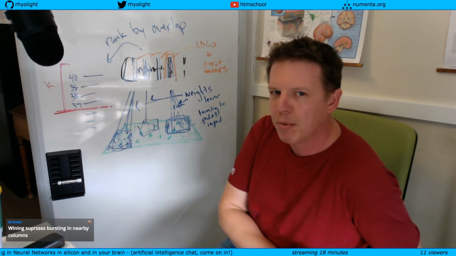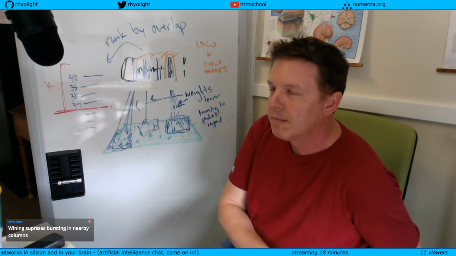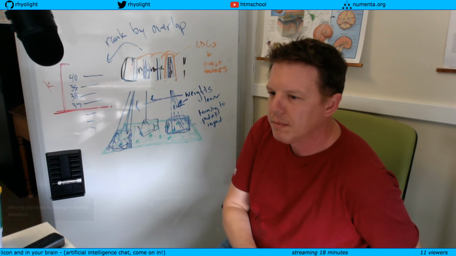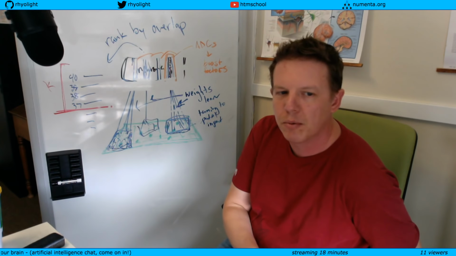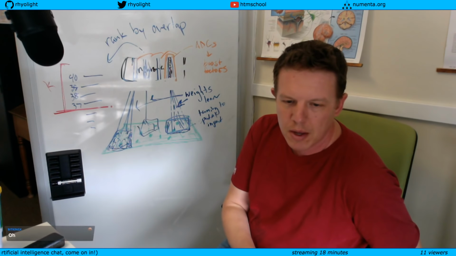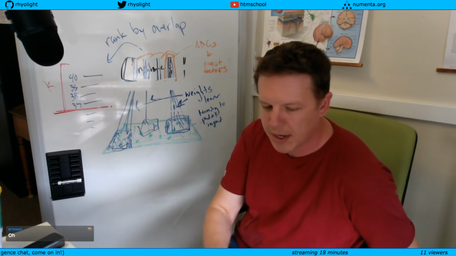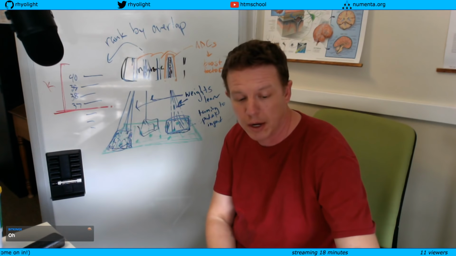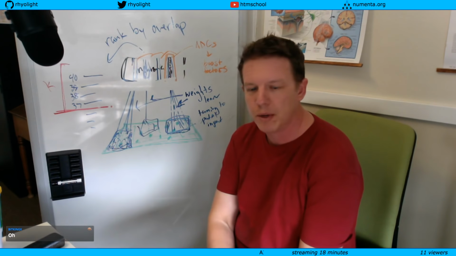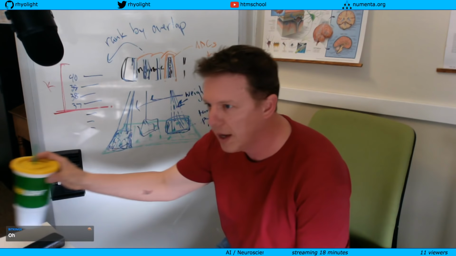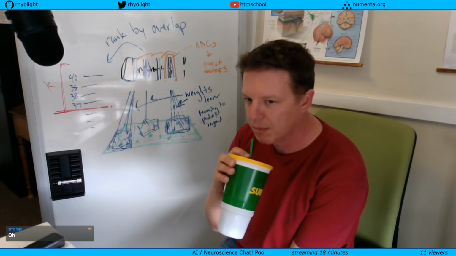I haven't talked about bursting yet, because that's a part of the temporal memory system. We'll talk about bursting at some point. The topic is pooling. I don't mind talking about bursting, but it might get a little too far ahead too fast because I haven't explained temporal memory at all.